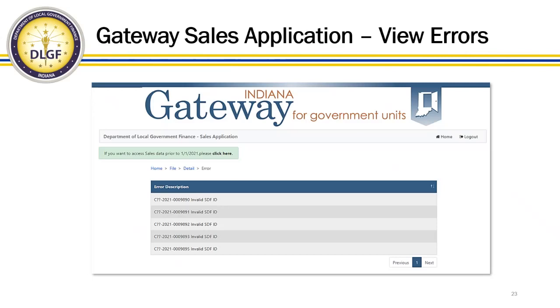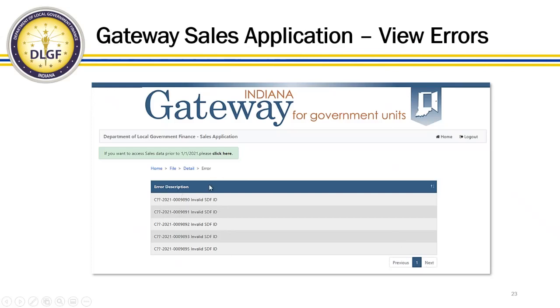Depending on how many errors are in each data file, there might be multiple tabs to click on. This particular screenshot only shows one page of errors, but if you had 50, 60, 70, however many errors for that data file, you may need to click on or scroll through the various numbers to see the full list of errors associated with that data file.